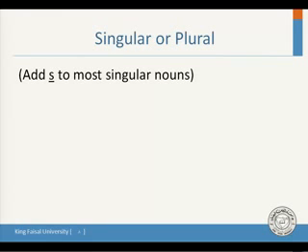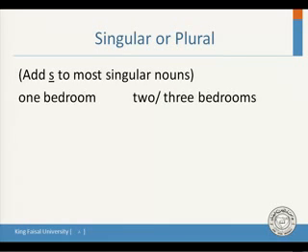Now let's talk about the singular and the plural. To make a singular noun plural, add S to most singular nouns. Let's look at these examples. 1 bedroom, 2 or 3 bedrooms.